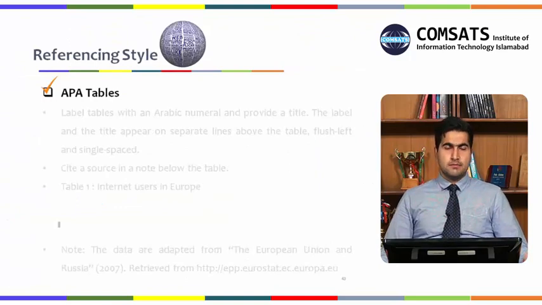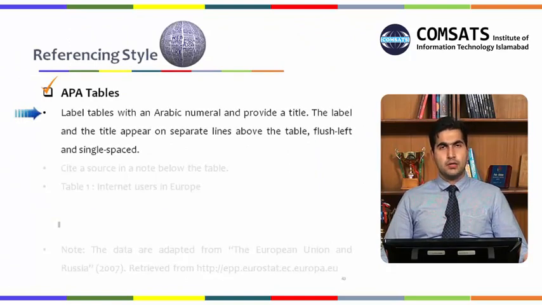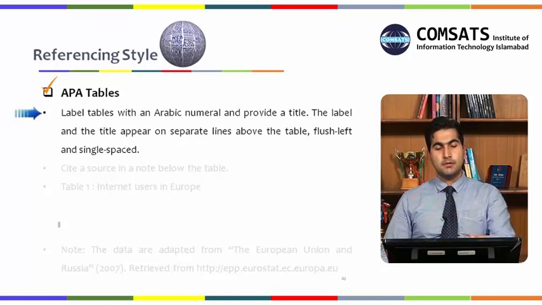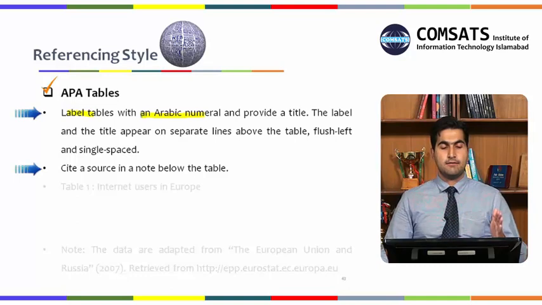In the case of a table, this is important. Whenever you have to place a table within your document, label those tables with Arabic numerals, as you can see, and provide a title. First, you use an Arabic numeral. The number and the title appear on separate lines above the table, flush left and single spaced, and you cite a source.